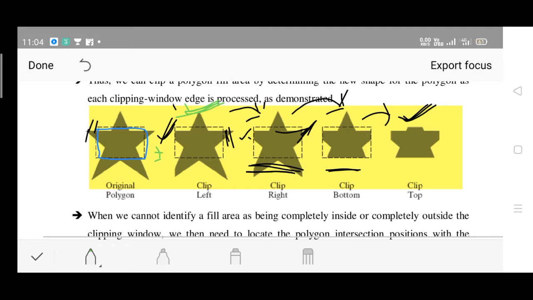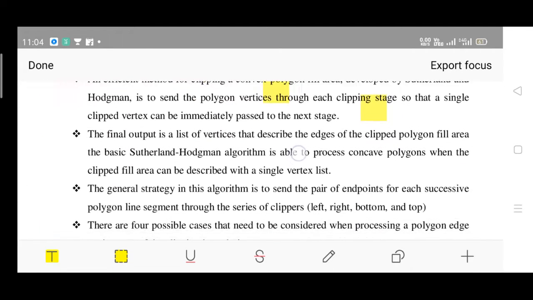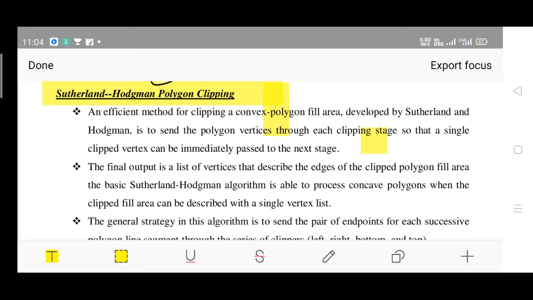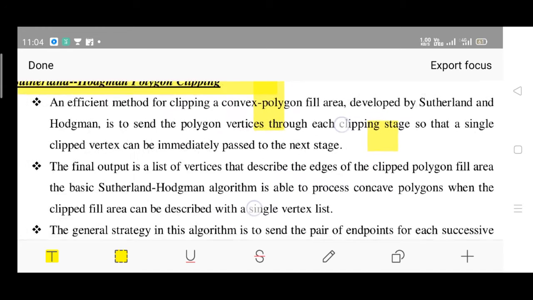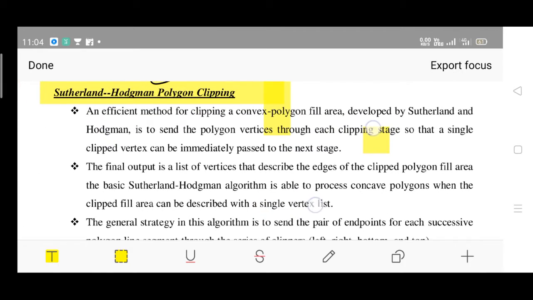For the next stage, the model obtained in the first stage is given as input. For the third stage, the model obtained in the second stage will be given as input, and so on, okay. That is the basic idea of the Sutherland Hodgman polygon clipping algorithm. The final output is a list of vertices that describes the edge of the clipped polygon fill area, okay.